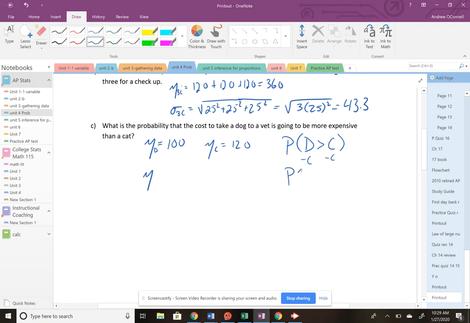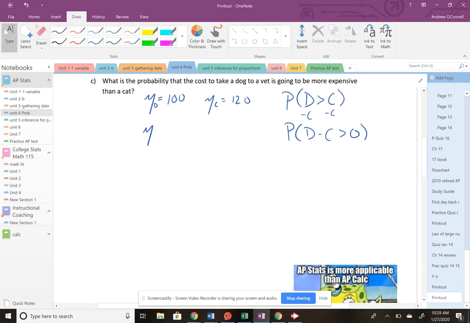Do a little algebra. So dog minus cat is going to be greater than 0. What we're doing here is finding the mean for dog minus cat, so I can draw it all out. Dog minus cat, we expect the dog to be $20 cheaper, but there's some standard deviation involved.